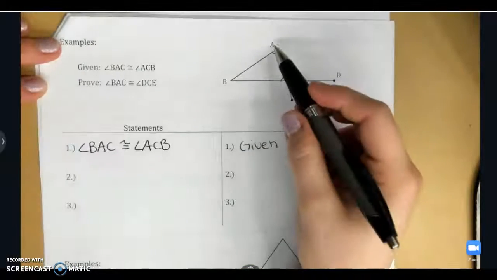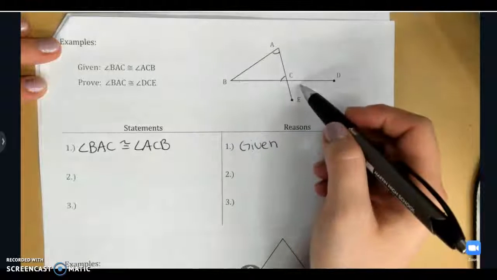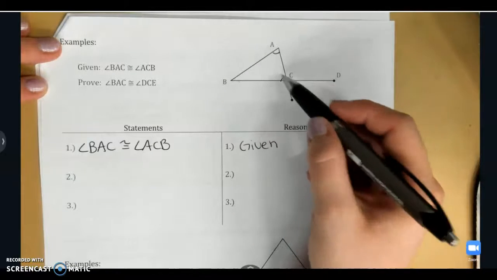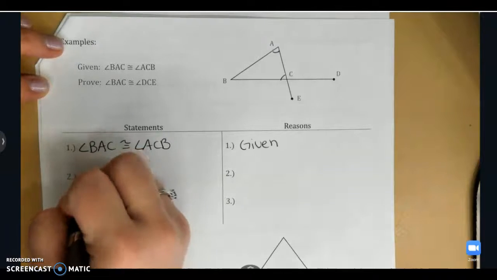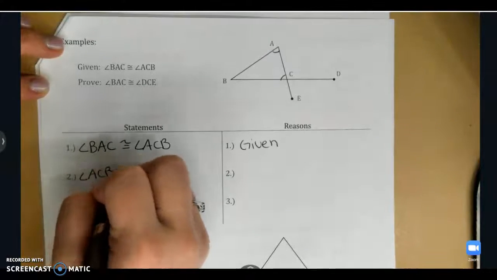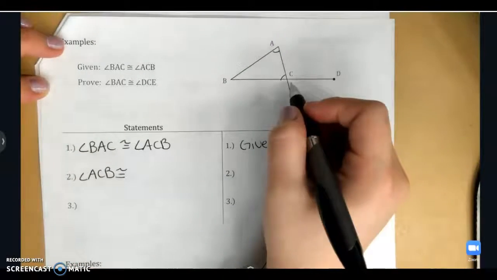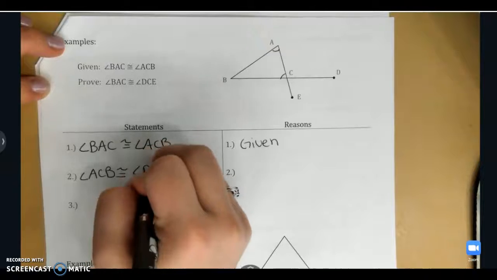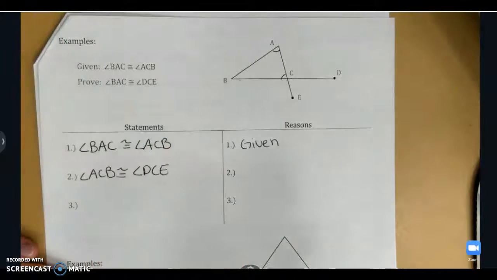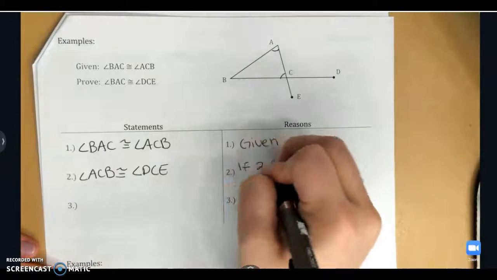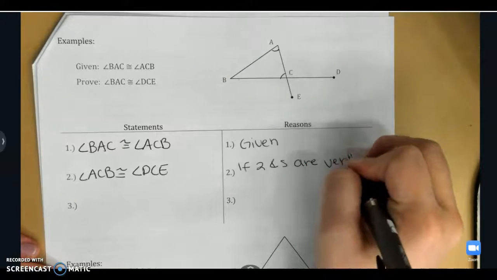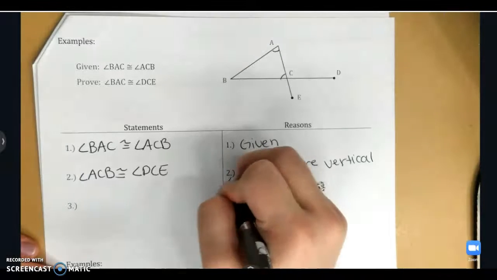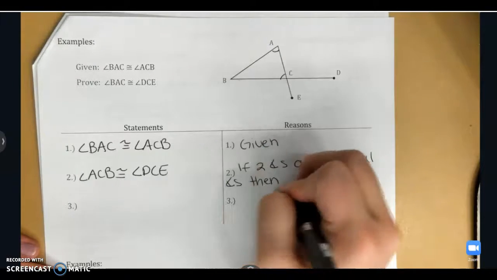Now, this angle ACB and the angle we're trying to prove is congruent to BAC are vertical angles. So I can say that angle ACB is congruent to angle DCE because if two angles are vertical angles, then they are congruent.